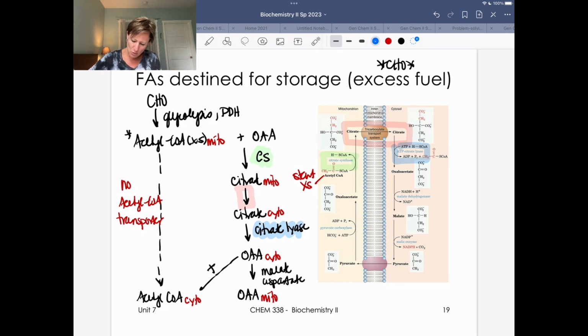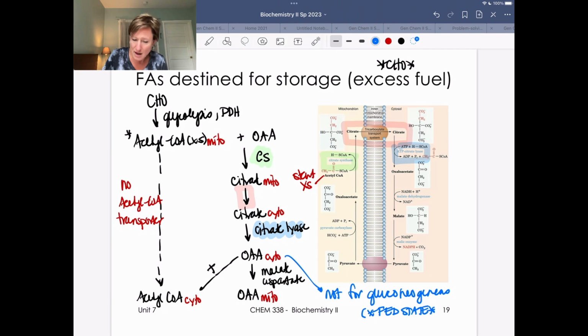And why this is important is that normally we would be talking about using oxaloacetate in the cytosol if we were doing gluconeogenesis. We are in a fed state right now. We are not going to be doing gluconeogenesis, so this is not for gluconeogenesis.